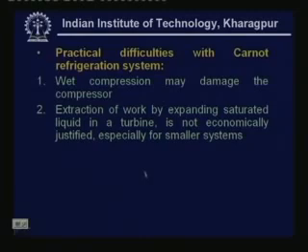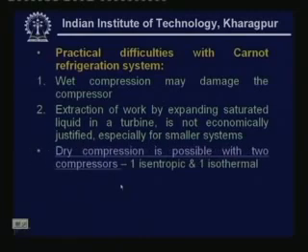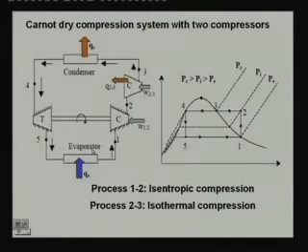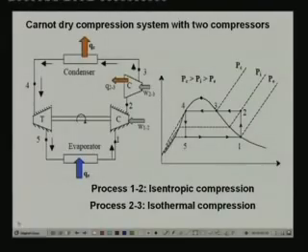Of course, the first difficulty, that is the wet compression, can be eliminated by using two compressors. Let me show what is the meaning of that. For example, you can look at the cycle here on the TS diagram. Wet compression was something like this. The wet compression can be eliminated if you move this point to the saturated point 1. Okay, then the wet compression is avoided.